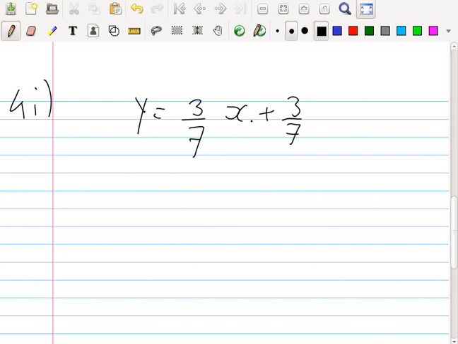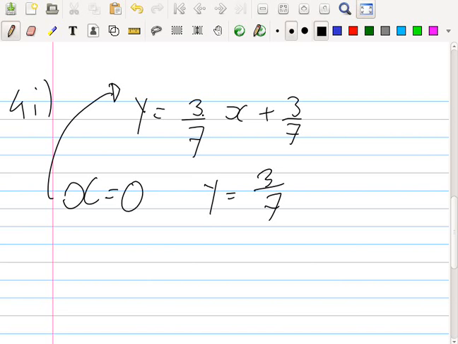Okay. So, to find where it crosses the y-axis, I first make x equal to 0 and put that in. Well, you can almost see straight away, what must the y equal? Plus 3 over 7, because this piece here is 0. Then we do the opposite. So I make y equal to 0 and put that in to find what x is.